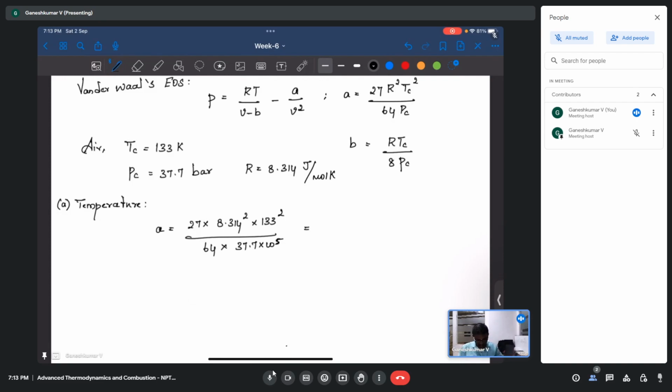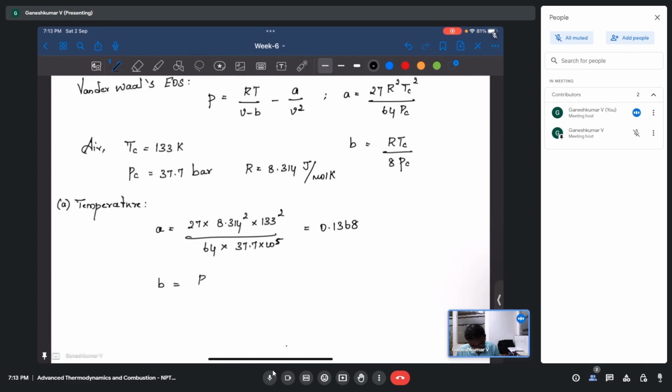How much is it coming out to be? a turns out to be 0.1368.